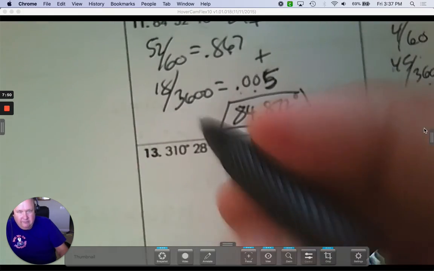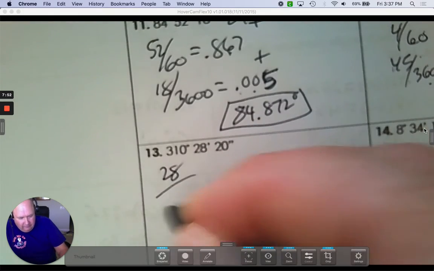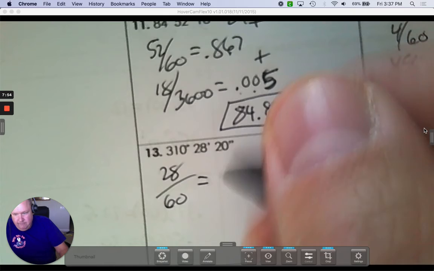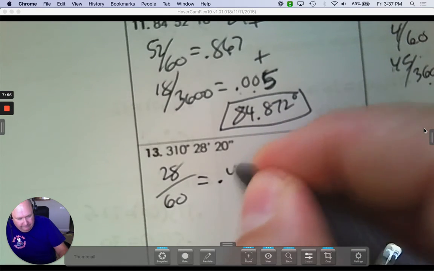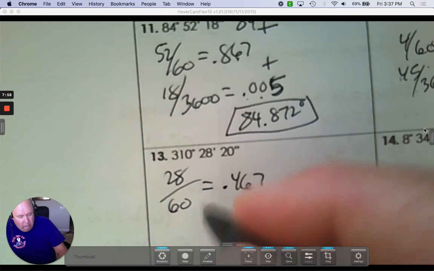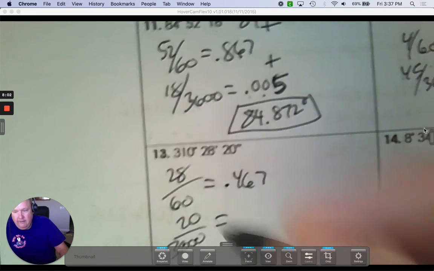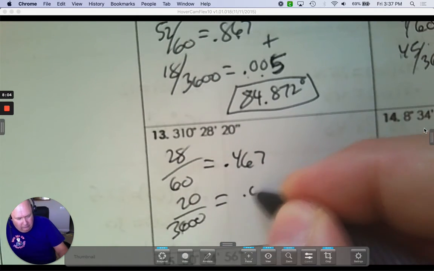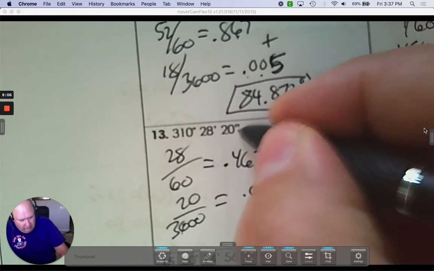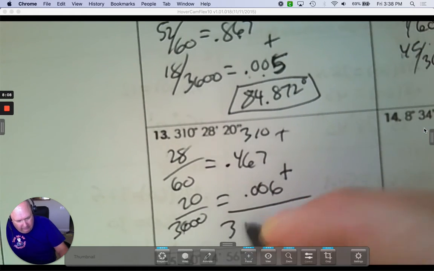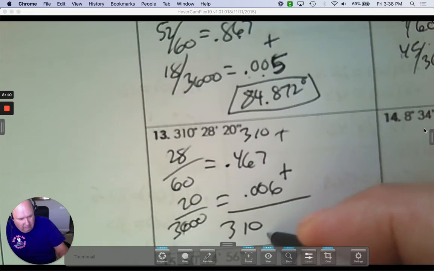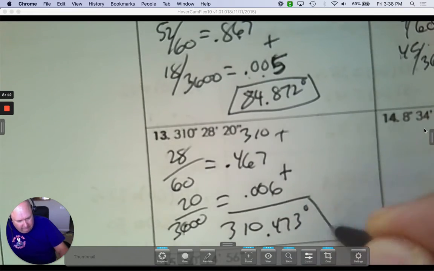Number 13, 28 minutes divided by 60, that's 0.467. Then 20 seconds divided by 3,600, that's 0.006. Add that up with 310, so add all of it up and you get 310.473.